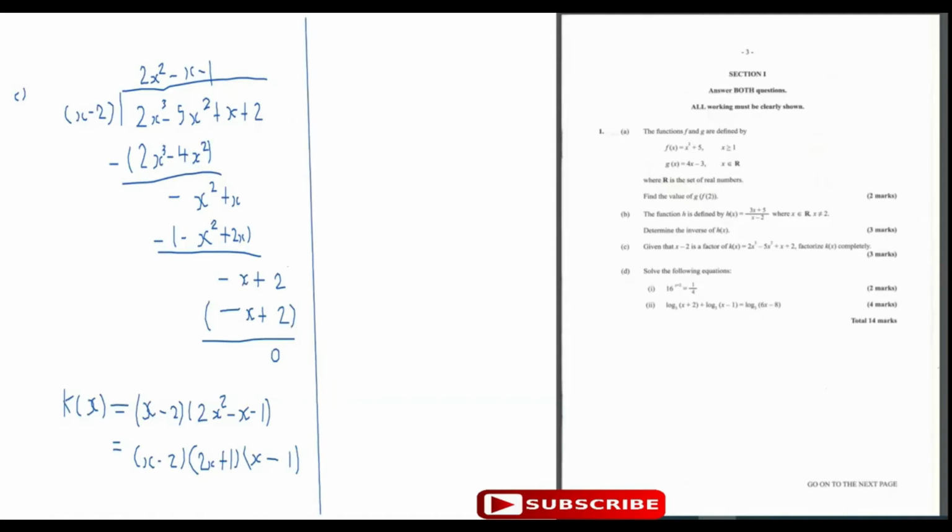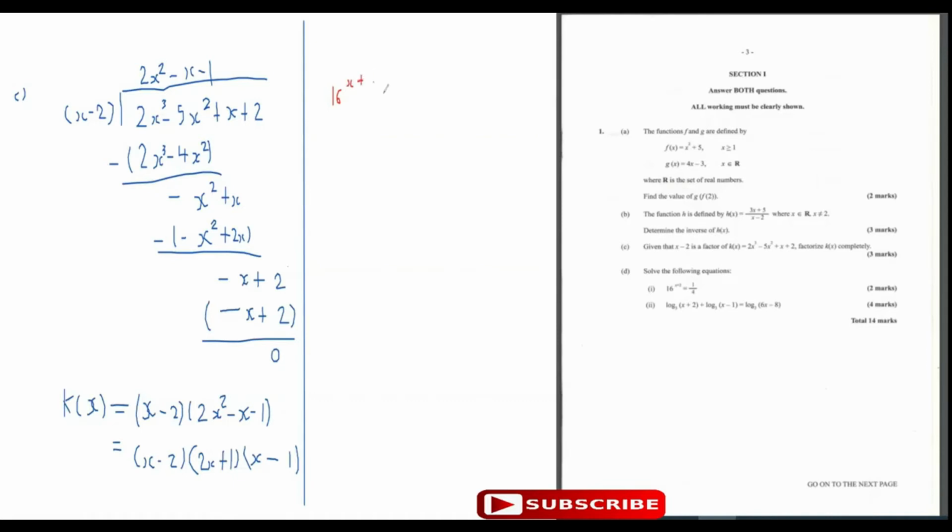Now let's work out the other parts of the question. It says now solve the following equations. So it gives us an indices question and asks us to solve. So let's solve the indices question. We have 16 to the x plus 2 equal to a quarter.